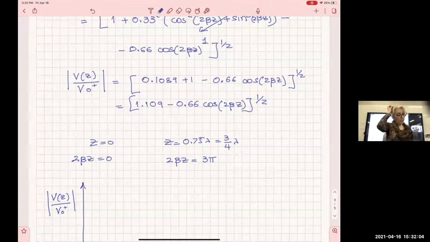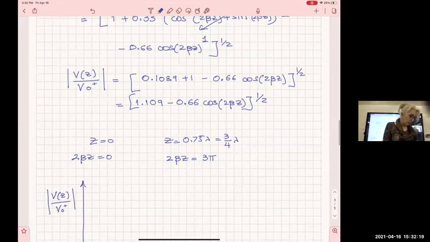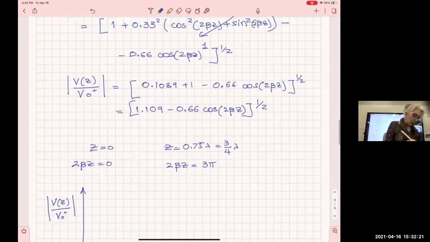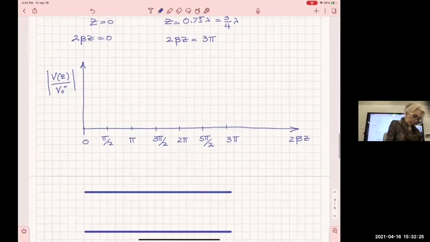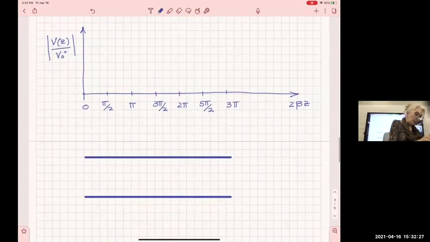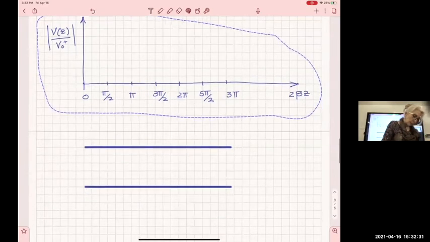When cosine 2 beta z becomes 1, you get a minimum. When cosine of 2 beta z becomes minus 1, you get a maximum. All right, so here, for example, you're going to find, so let me move this one a little bit below to leave some space.